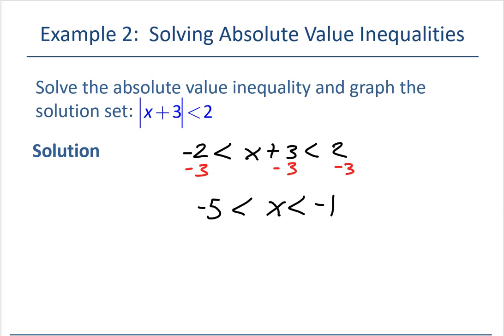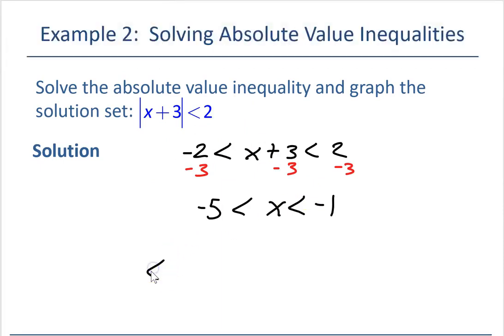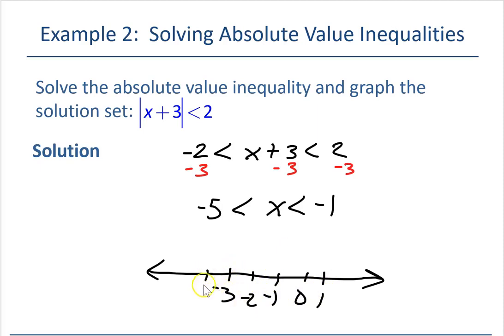So if we have to draw this, let's come in here. Notice that we don't have any lines, so these are going to be parentheses. So I can come in here and put 1, 0, negative 1, negative 2, negative 3, negative 4, and negative 5.